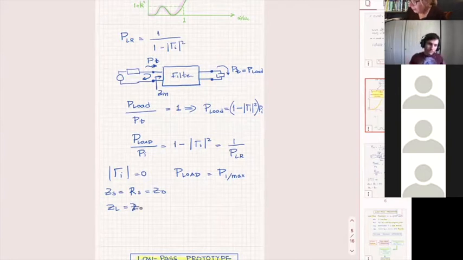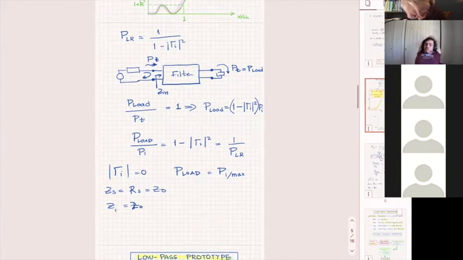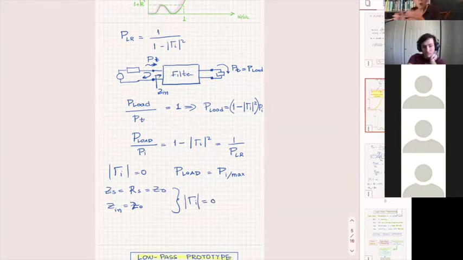And when this happens, then your gamma in, which we call gamma sub I here, to be consistent with the rest of the definition in the book, is going to be 0. Do you agree?